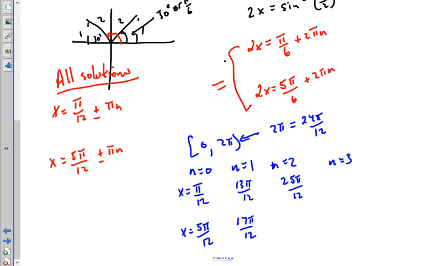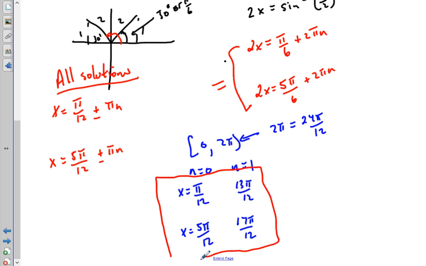So we're not going to go any farther than that. These are our 4 solutions from 0 to 2 pi, and they are only our solutions from 0 to 2 pi. Depending on what you're doing, that's how we would solve it.